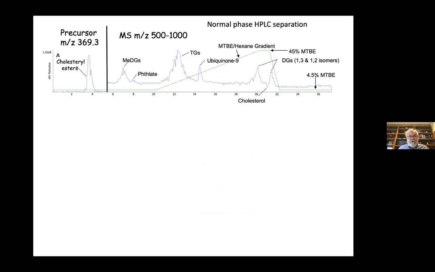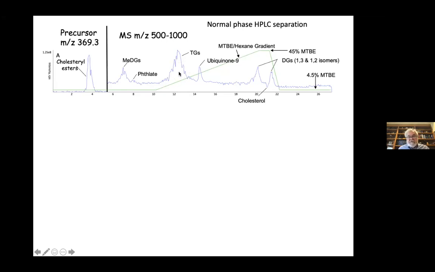So here's a normal phase separation. We ran it pretty quickly, and the cholesterol esters came out very early. We would have to lower the percent of the ether to get better separation. But here you can see triglycerides come out quite nicely as a class of lipids.